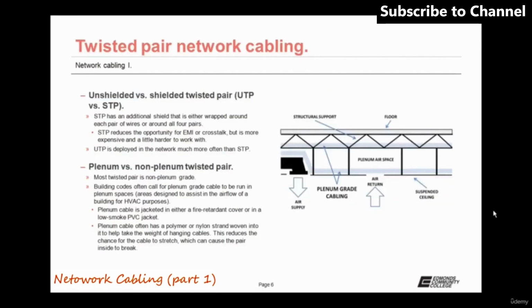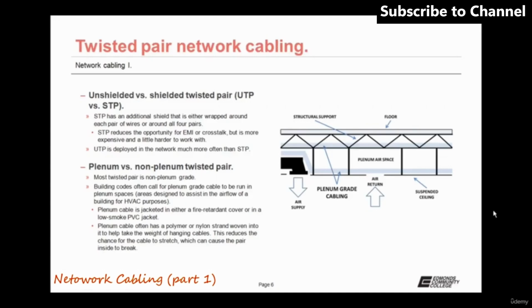There are also plenum and non-plenum types of twisted pair. Most twisted pair cabling is non-plenum grade, but building codes often call for plenum grade cable to be run in plenum spaces. Now, a plenum space is that area that is designed to assist in the airflow of a building for HVAC purposes.